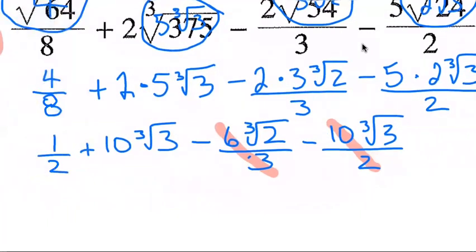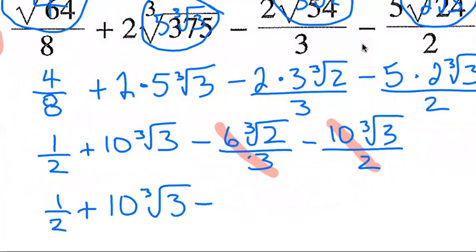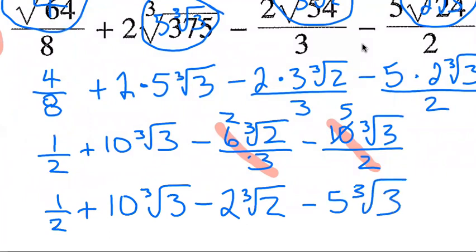So now I'm going to quickly rewrite this: 1 over 2 plus 10 cube root 3 minus 2 cube root 2 minus 5 cube root 3.